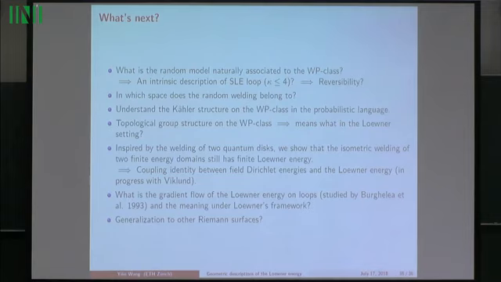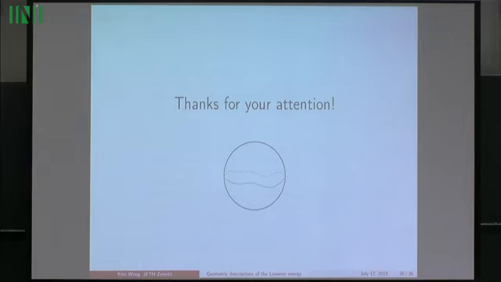We can also define it on other Riemann surfaces. So you have many equivalent ways to define them, and some of them can be generalized. And so we can ask the question about the generalization. So I would be happy to be able to answer any of those questions. Yeah, and sorry for running over time. Thanks for your attention.